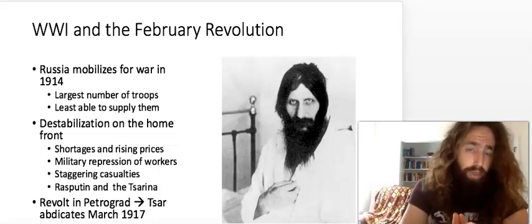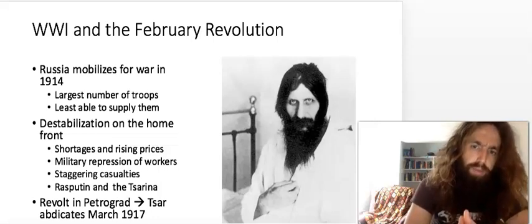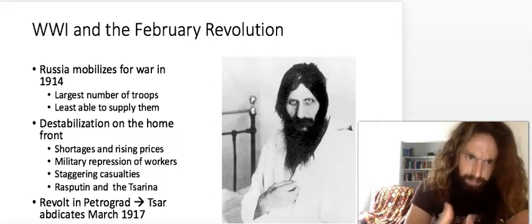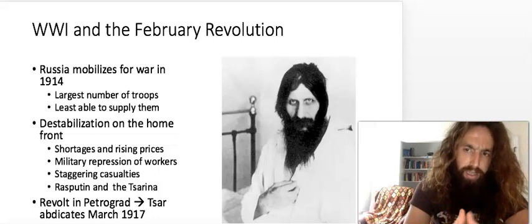There are shortages on pretty much every basic good. The price of food goes up, the price of fuel goes up, and in some cases, people are left in the middle of the Russian winter unable to get firewood in Russia's major cities. People are just freezing to death in their apartments or burning furniture and like pianos and stuff to keep warm.